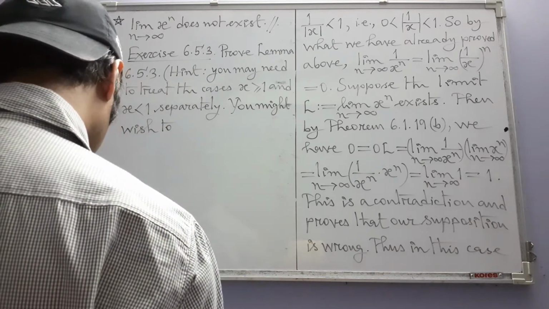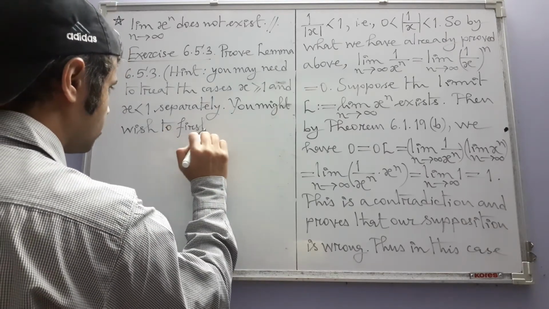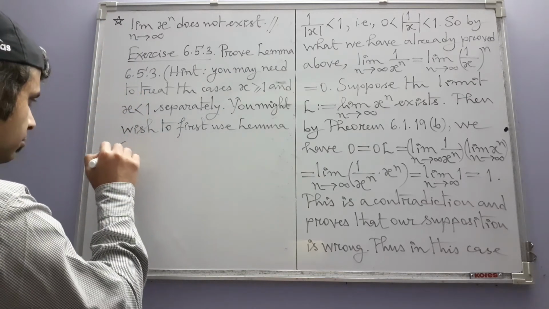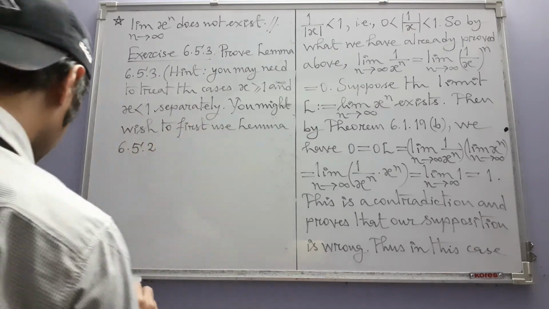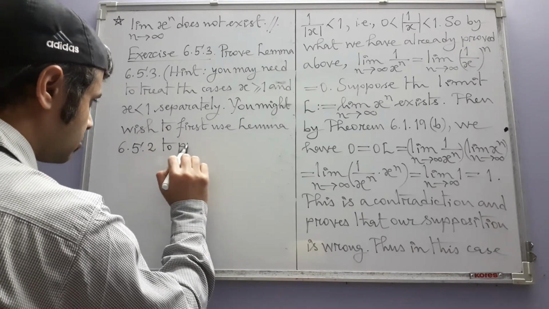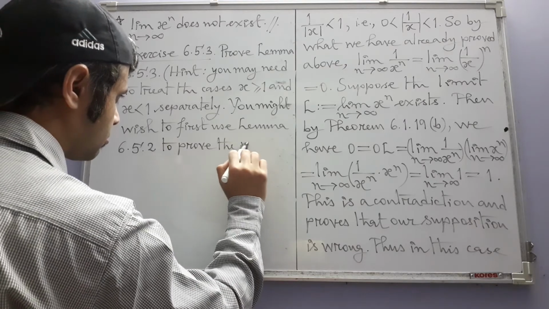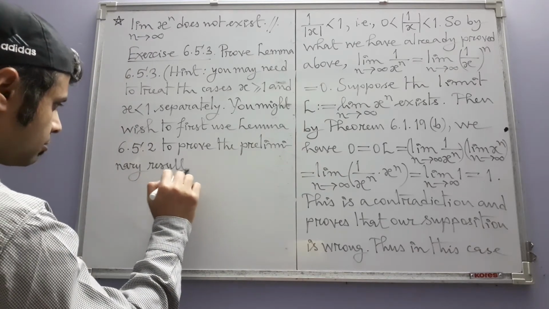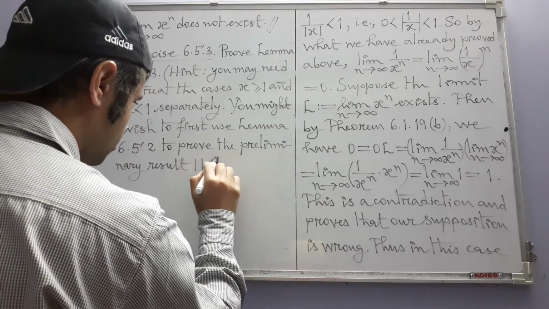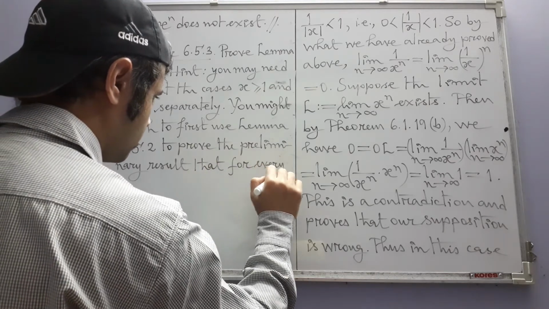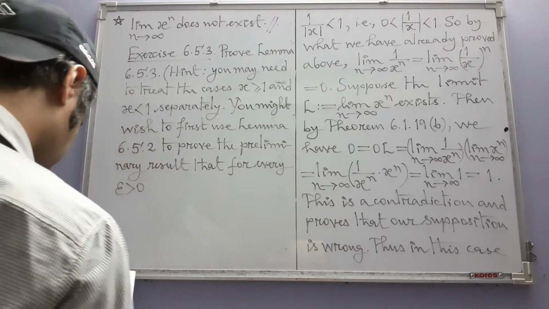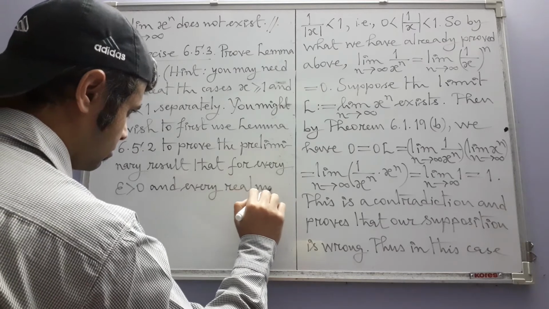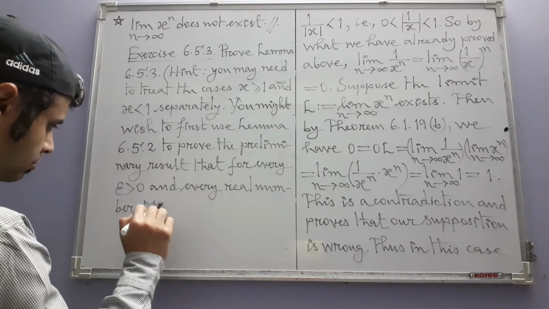You might wish to first use lemma 652. That means this one that we have proved just now. 652 to prove the preliminary result that for every positive real number epsilon and every real number m greater than 0.